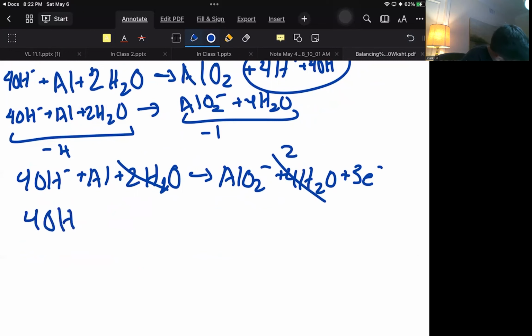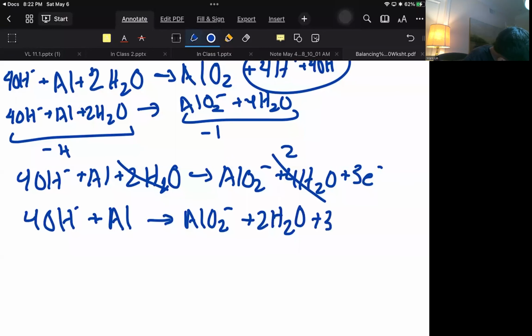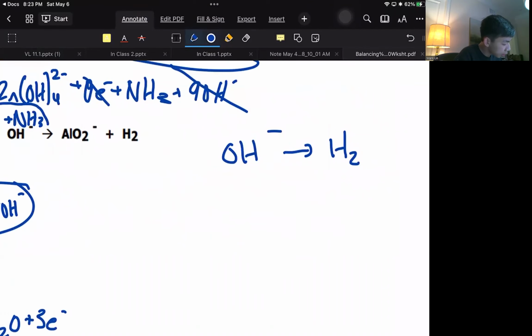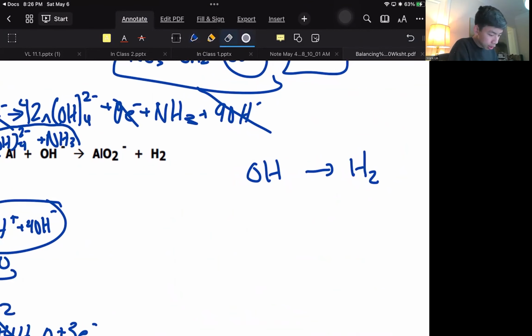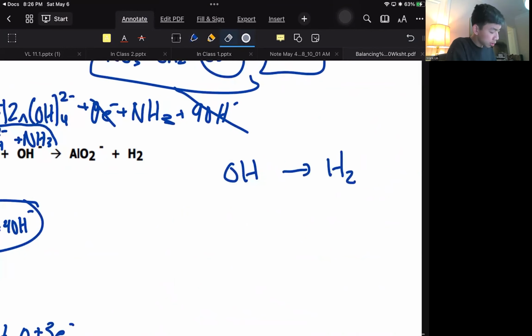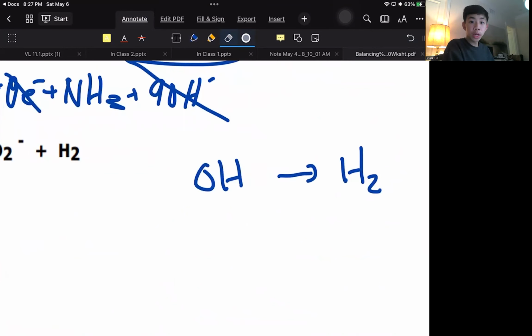So 4 OH minus plus Al gives us AlO2 minus plus 2 H2O plus 3 electrons, like so. Now let's do the other side.